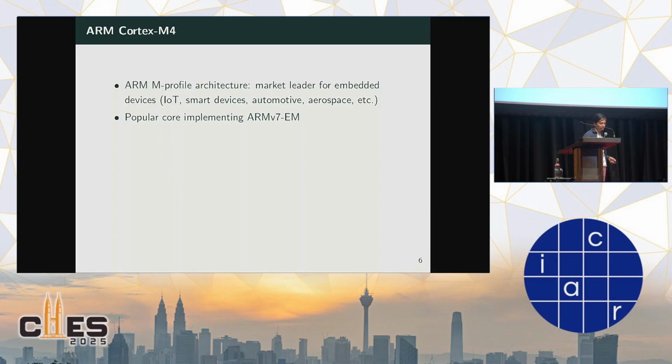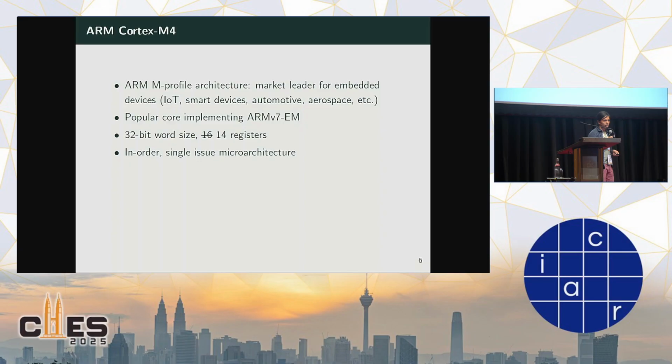These processors implement the ARMv7E-M instruction set. They have a 32-bit word size, and they are comprised of 16 registers, but only 14 of them are general purpose. So I will just mention here that we have 14 registers.